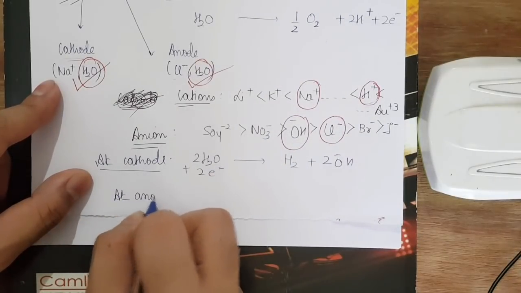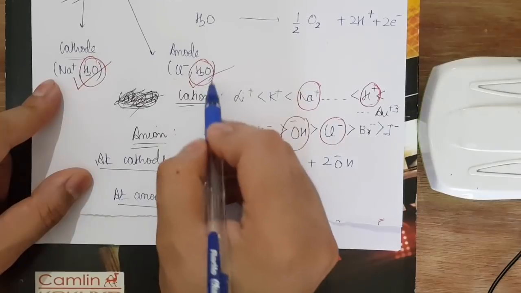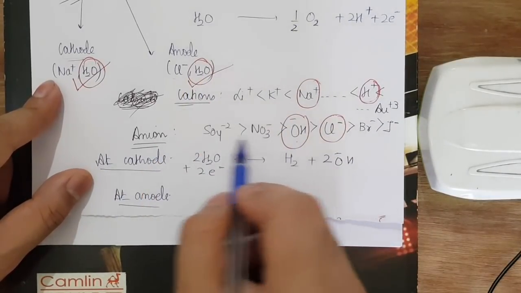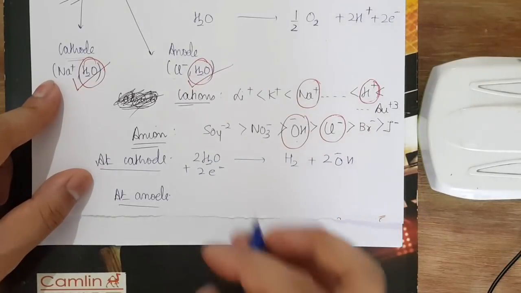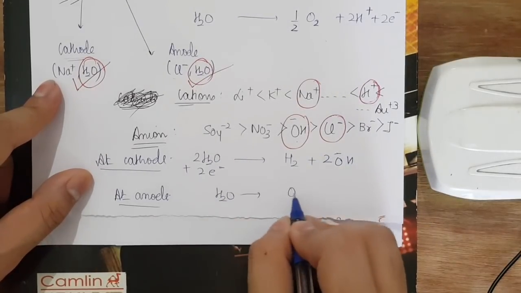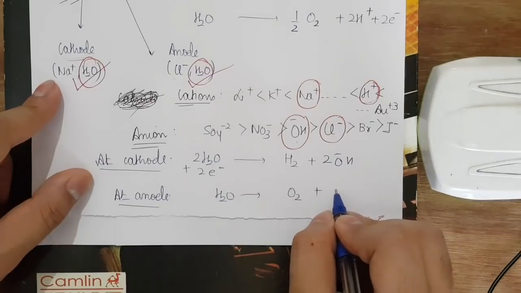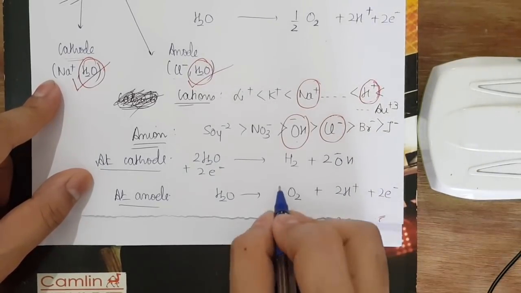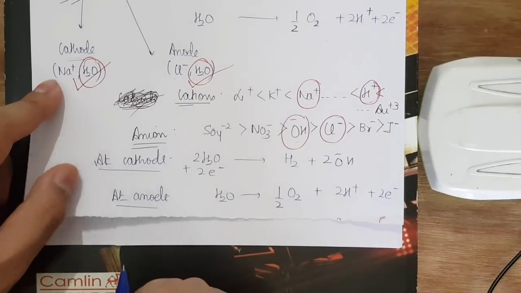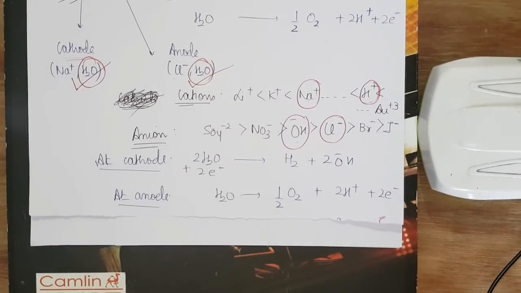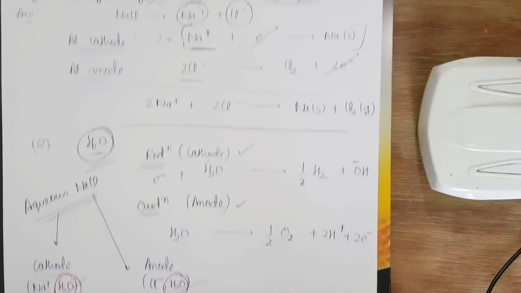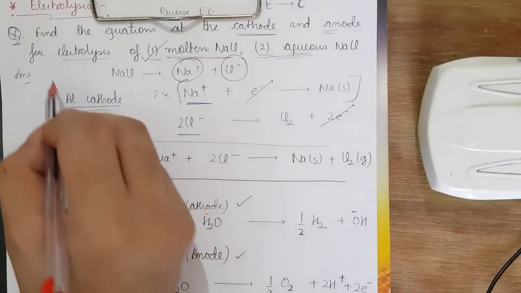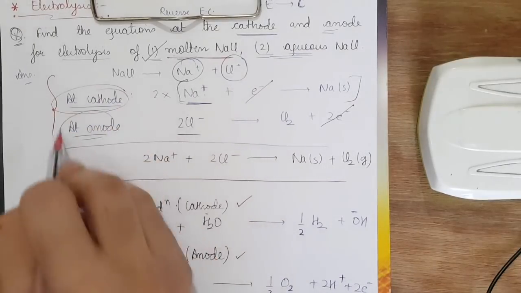At the anode, we would have the equation once again, H2O wins over Cl minus because OH minus has more deposition rate than the Cl minus. So here we get H2O to be oxidized into O2 plus here we would have 2H plus 2 electrons and half O2. So you can see that when we had considered the electrolysis for the molten NaCl, because no water was present, so these were the final equations of cathode and anode.